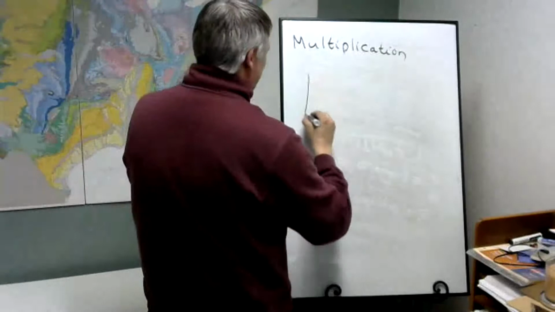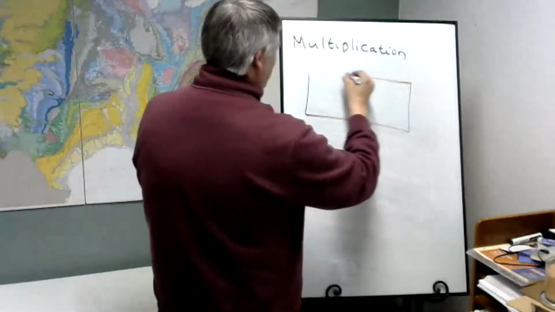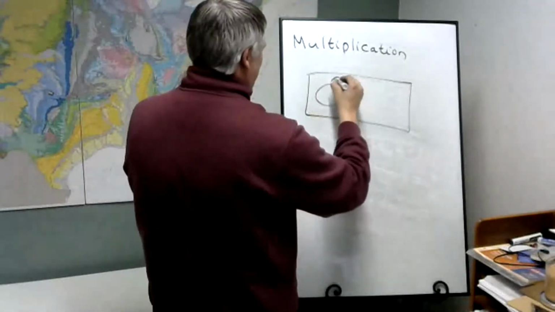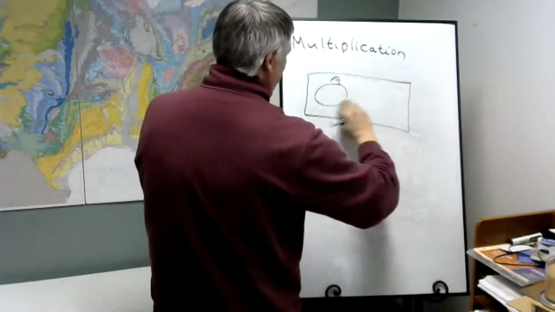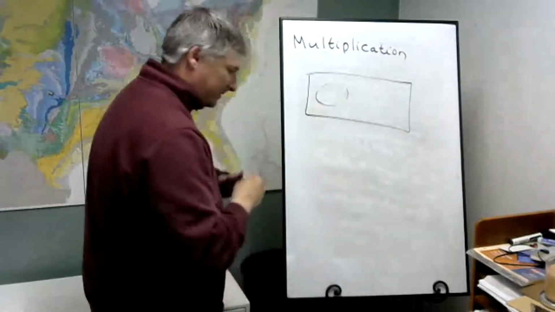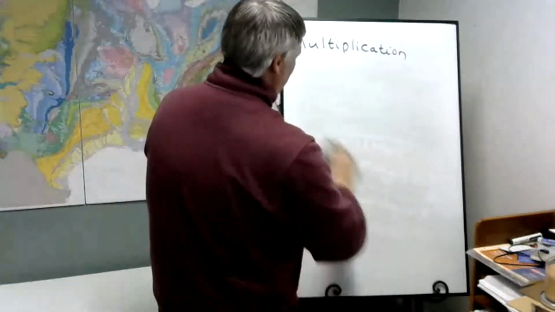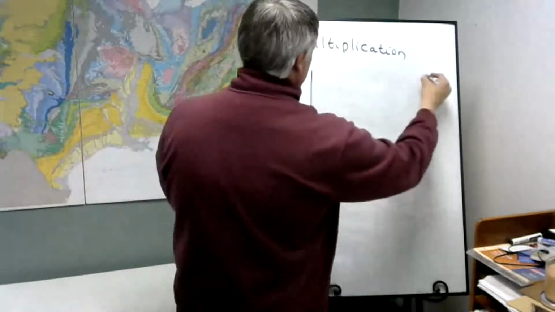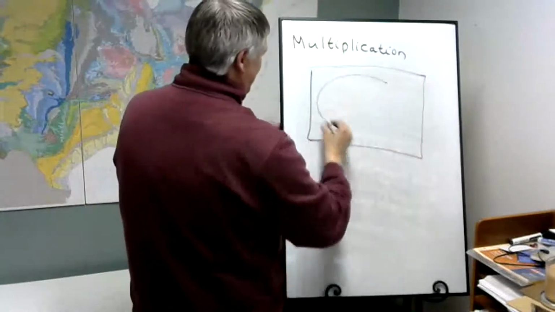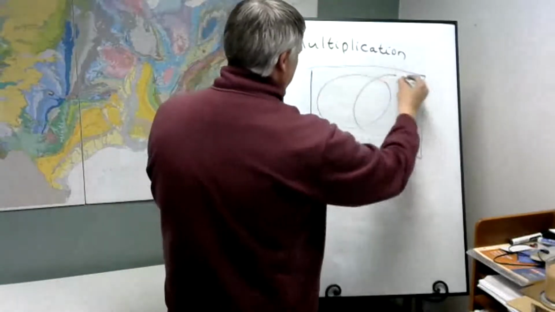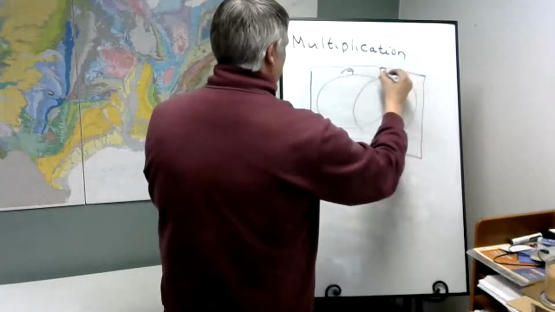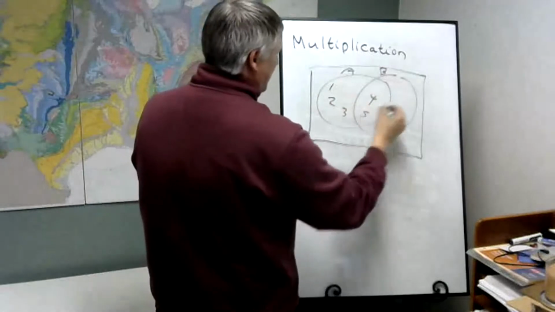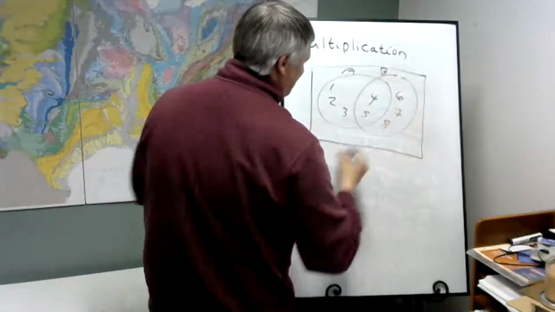Let's say our A and B. So here's A, here's B, and let's put some numbers in here. 1, 2, 3, 4, 5, 6, 7, 8.